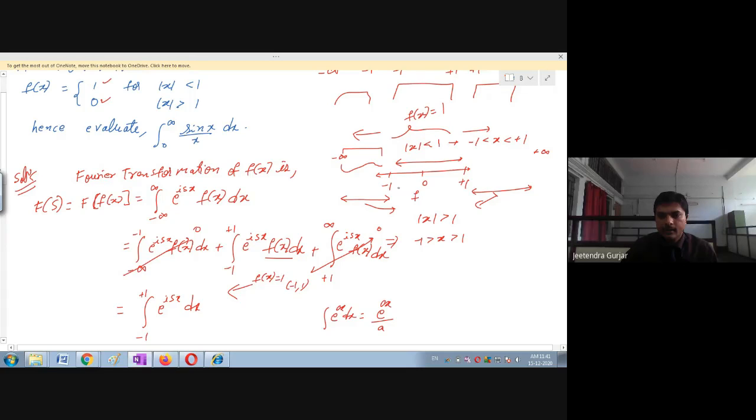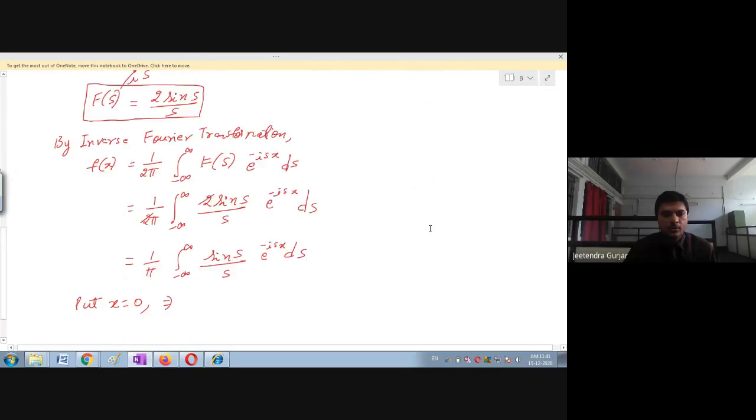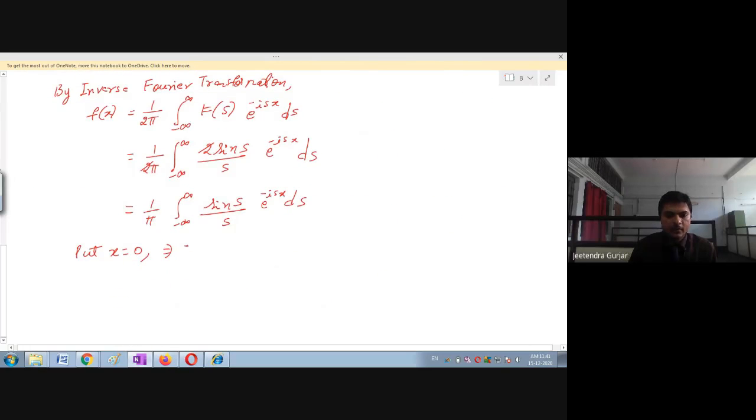But please remember, in this function, that is minus 1 to plus 1, f of 0 is 1. From the graph we can see f of 0 is equal to 1. So therefore x I am going to choose 0. This is the trick you have to understand, because between minus 1 and 1, definitely 0 will come. So when I take x is equal to 0, you can see f of 0 is equal to 1.